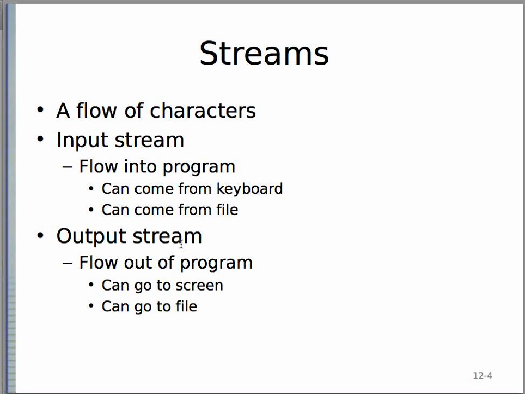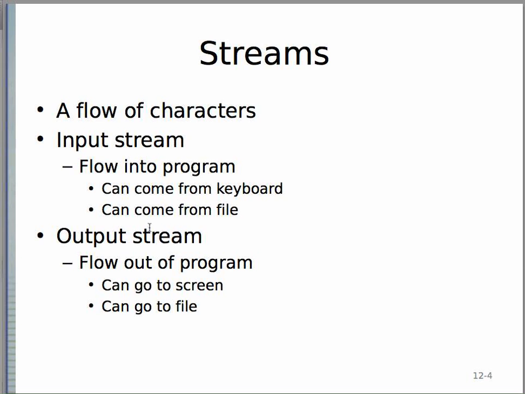Okay, so what exactly is a stream? You want to think of it as a flow of characters. An input stream is a flow of characters into program memory, and this flow can come from the keyboard, and that's what we've been using. Cin, console in, that's basically the keyboard. Or it can come from a file, and that's what we will do in this set of videos.